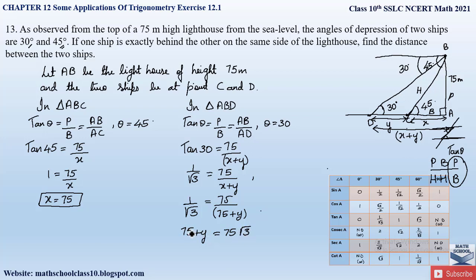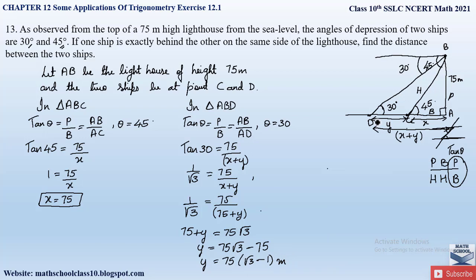So let us send this 75 to the right hand side. So we get Y is equal to 75 root 3. Now this plus 75, when it goes to the right hand side, becomes minus 75, or Y is equal to, taking 75 common, it will be root 3 minus 1. Okay, so the Y value is 75 into root 3 minus 1 meter.